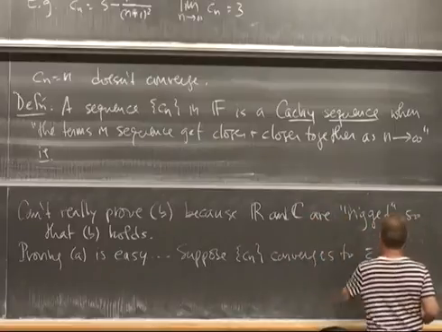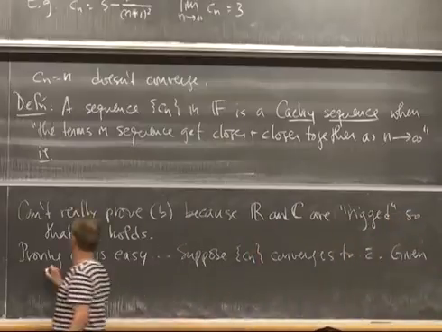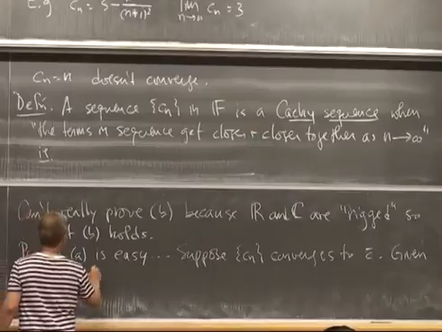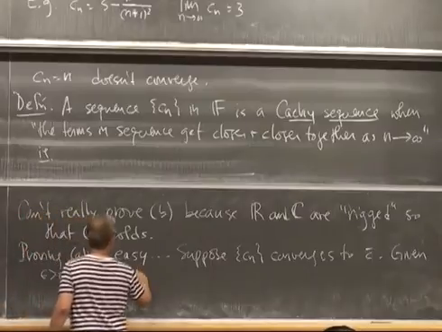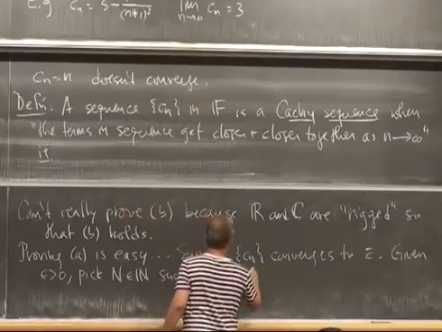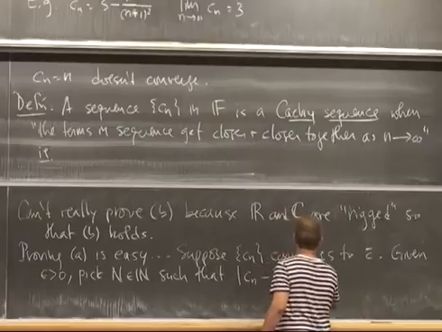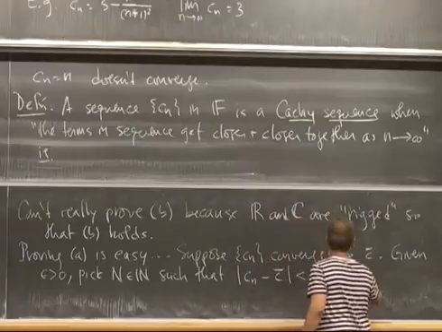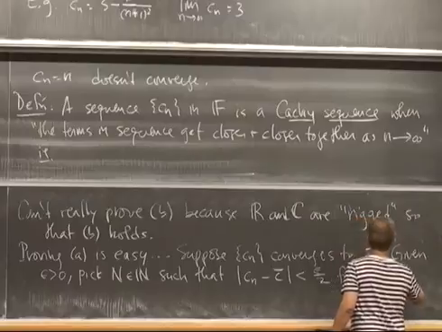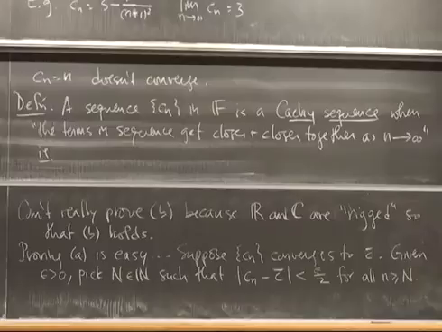Given epsilon bigger than 0, you pick capital N in the natural numbers such that the absolute value of Cn minus C bar is less than epsilon over 2 for every n bigger than or equal to capital N. And you can certainly do that. You can pick delta being epsilon over 2 and just call delta equal to epsilon over 2.